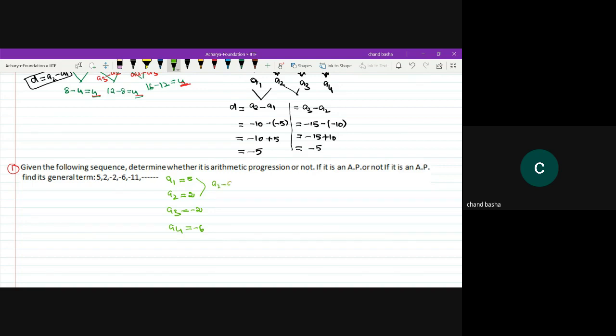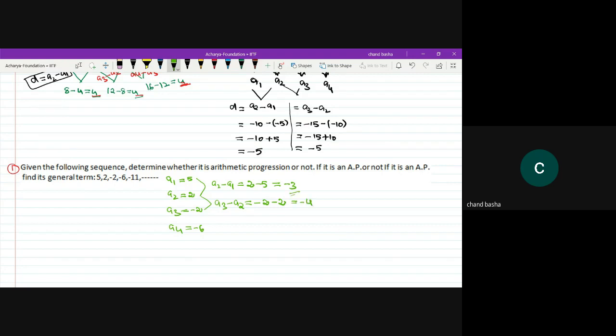A2 minus A1 is equal to 2 minus 5, which is -3. Next, the difference between the next two consecutive values: A3 minus A2. A3 value is -2 and A2 value is 2, so that is equal to -4.